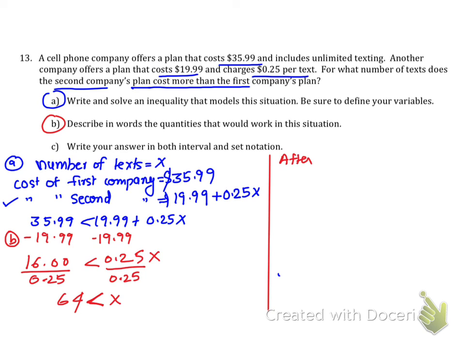After 64 messages, the second company is going to be more expensive.